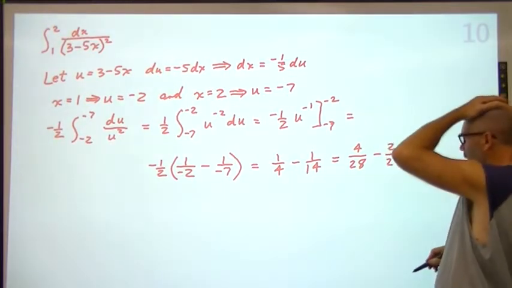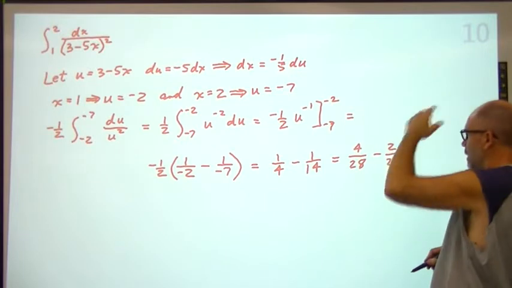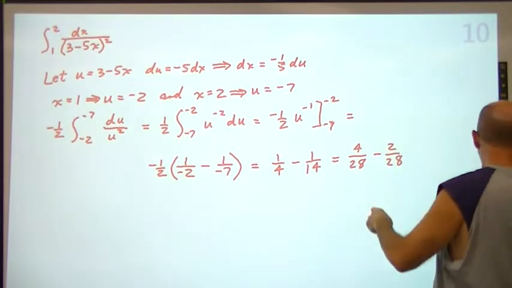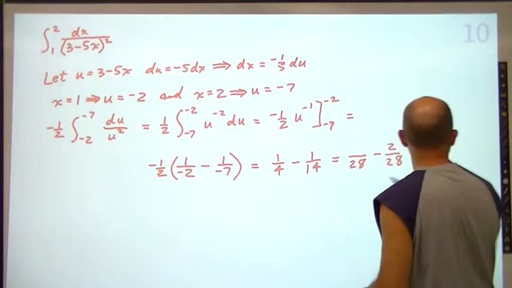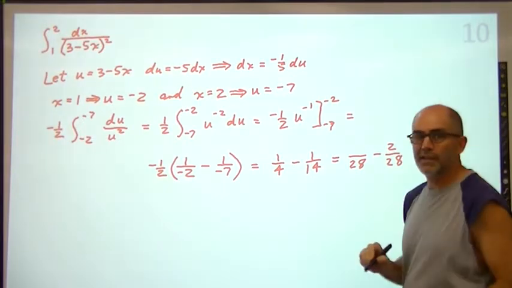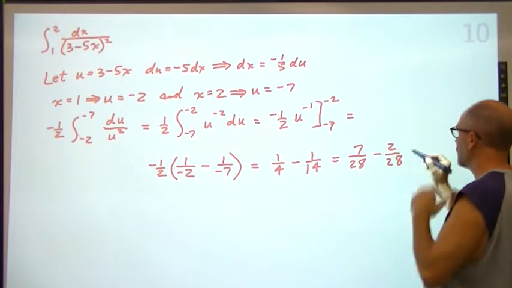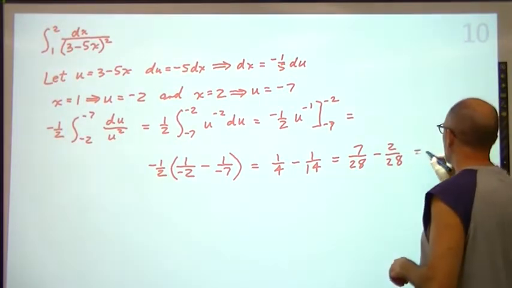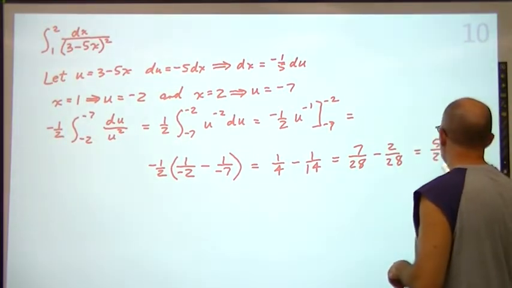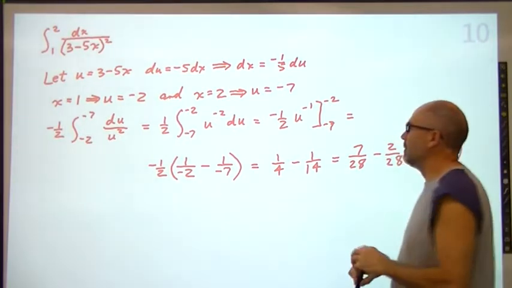Did I do that right? Oops, no, I didn't. That algebra 1 stuff's pretty tough. All right, how about 7 28ths minus 2 28ths, and that equals 5 28ths. That's it, game over.